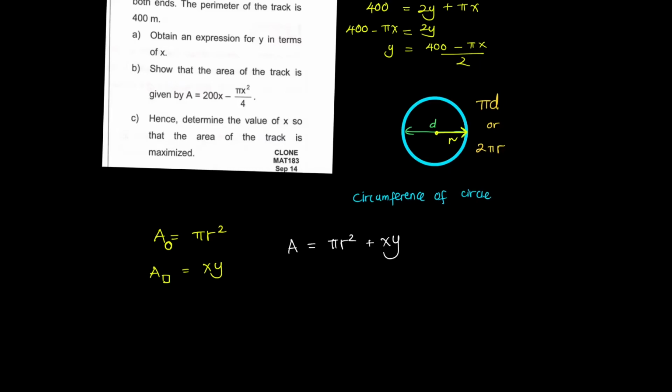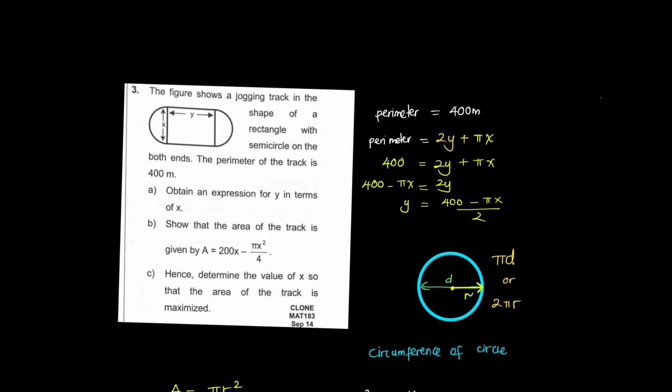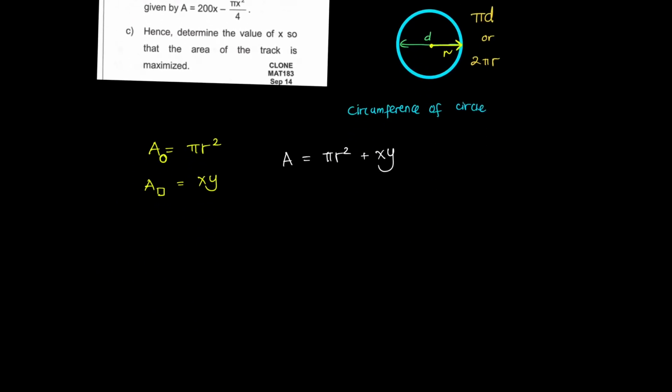So the total area is pi r squared plus xy. But now we need to express our r in terms of x. So if we look at this track once again, this x represents the diameter. Means that half of this x will be the radius. So r is equivalent to x divided by 2. Therefore, our r is x over 2.